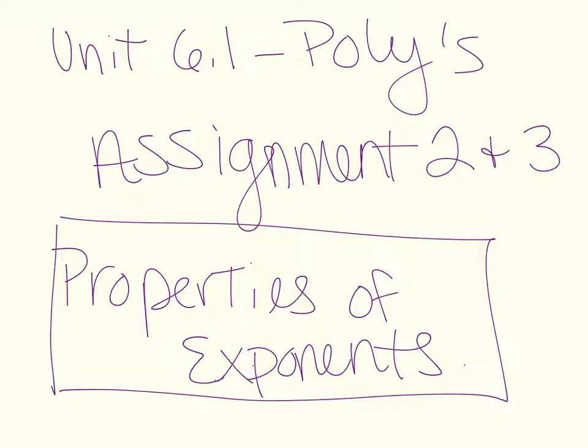So let's get started. First thing that we're going to talk about is the product of powers. So what happens when you multiply two variables that are raised to a power? Let's say x squared times x to the third.